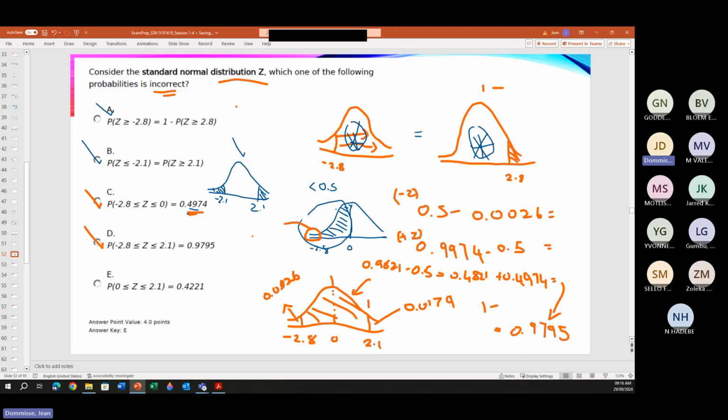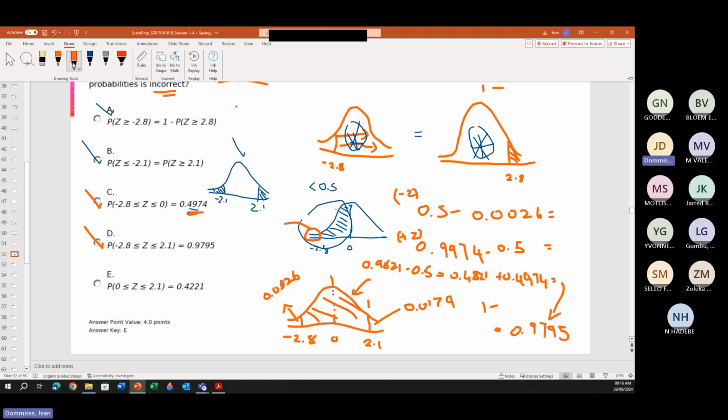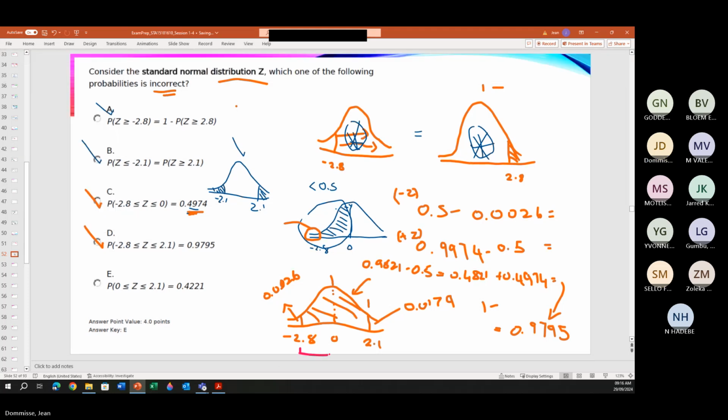Okay, so you could have broken it up into two pieces to work those two out separately, because we had that one at the top. You could have just worked that one out and added the two, or we can say, well, we want that area, let's subtract the two smaller areas.